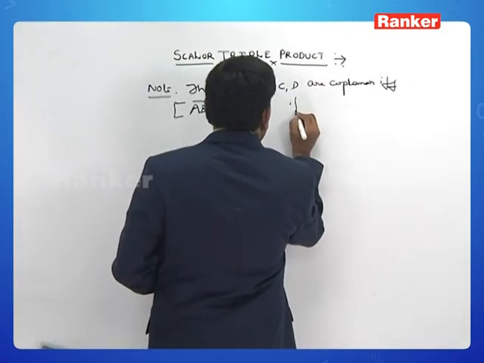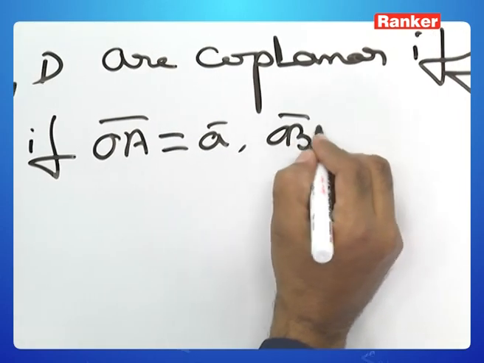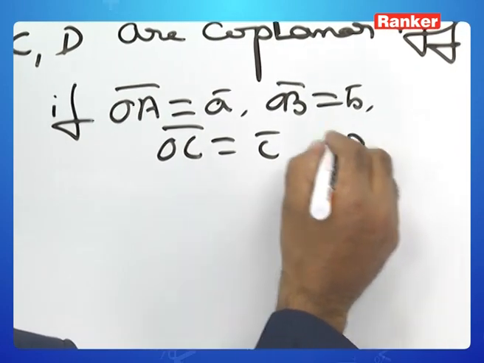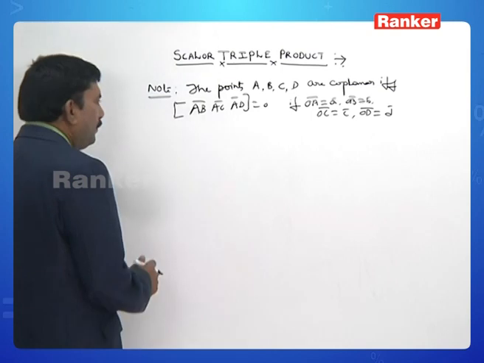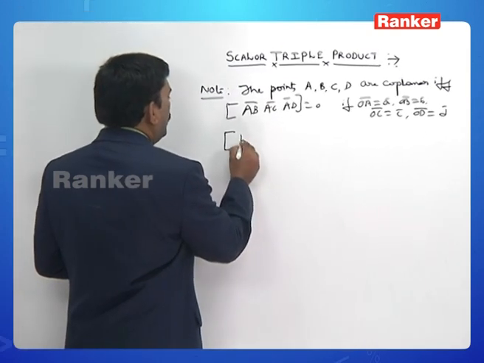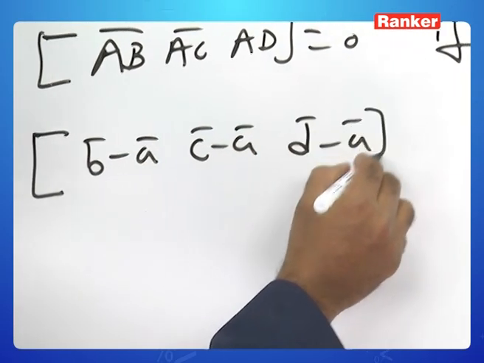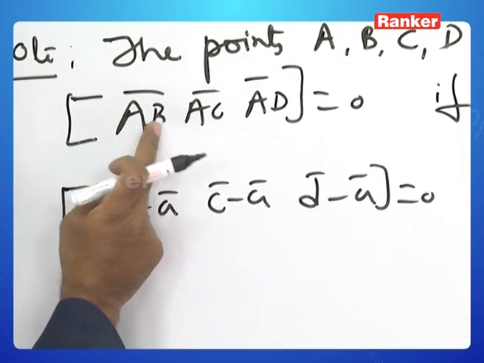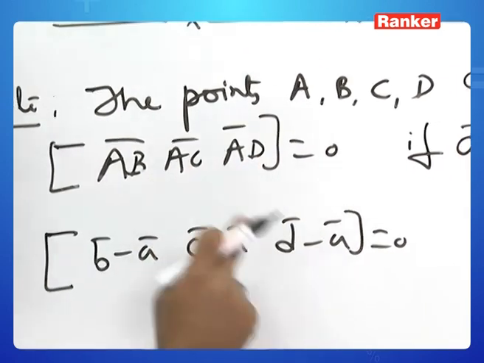If I take OA bar equal to A bar, OB bar equal to B bar, OC bar equal to C bar, OD bar equal to D bar, now what's the condition? The condition is B bar minus A bar, C bar minus A bar, D bar minus A bar. I am substituting AB bar as OB minus OA, AC as OC minus OA, AD as OD minus OA.